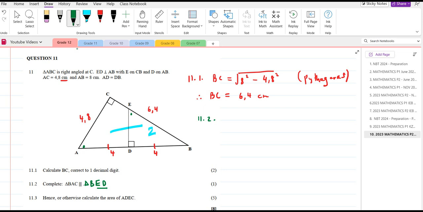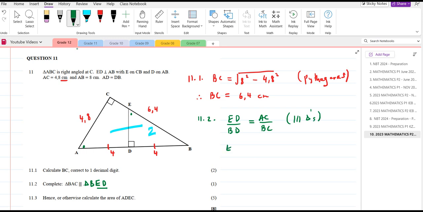In order to find ED, I'm going to say ED over BD. Do we have BD? Yes. ED over BD equals AC over BC. Do we have AC and BC? Yes. And that's because of similar triangles. Remember, we're calculating ED.